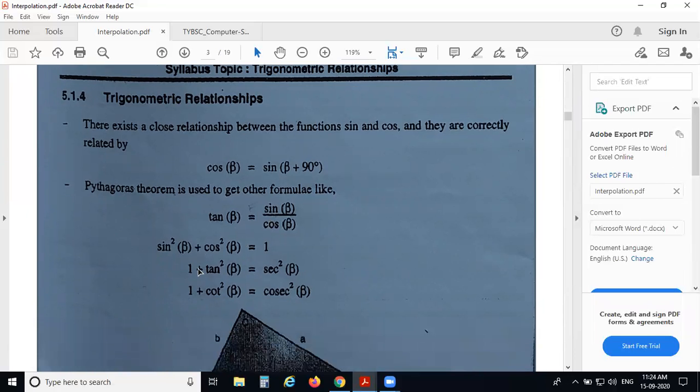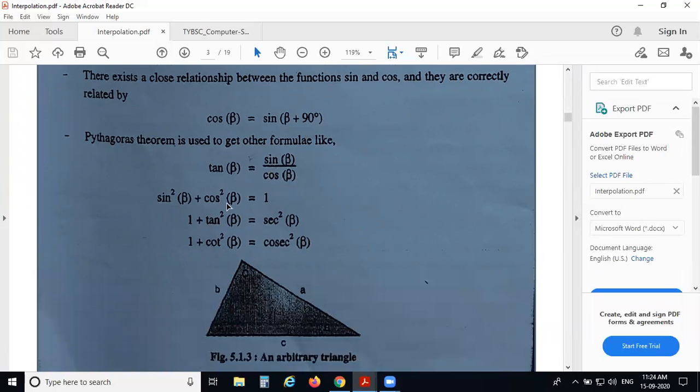Then another relationship is sin square beta plus cos square beta is equal to 1. Another relationship is 1 plus tan square beta is equal to sec square beta. Then 1 plus cot square beta is equal to cosec square beta.